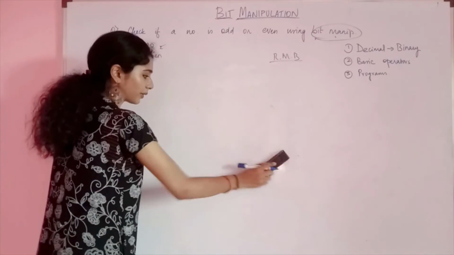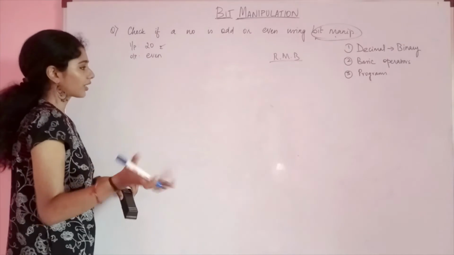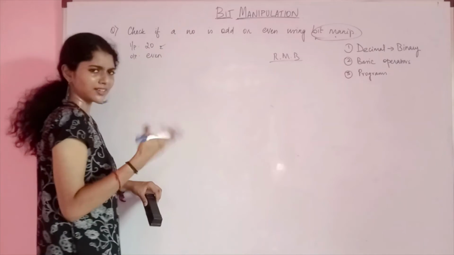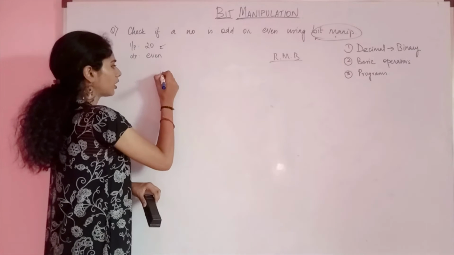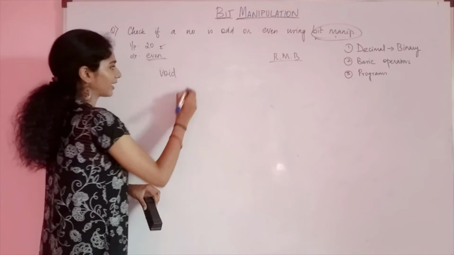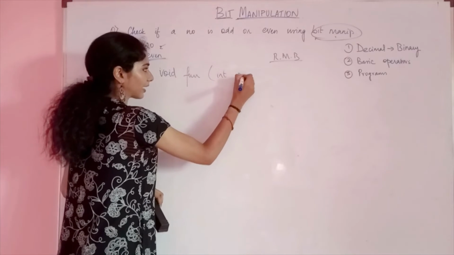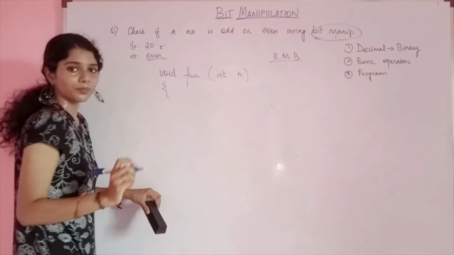Fine. I suppose you now know how to actually solve this. It's going to be pretty simple now that you know the concept. If it is 20, I'll have to give even. How? Consider the rightmost bit. It's not going to return anything, it's simply going to print even. Write a void function named fun, and they give me the number n. What am I going to do now?